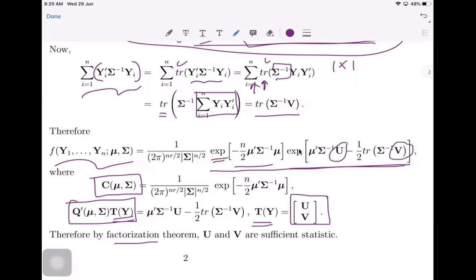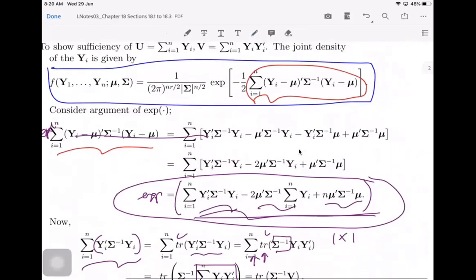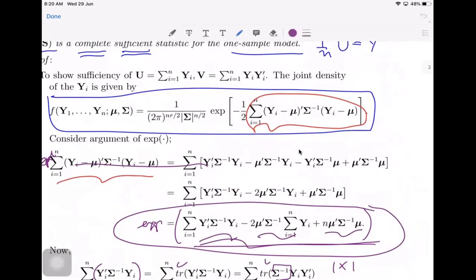It is a component of u and v, where u here was denoted by the summation of yi, and v here was denoted as the summation of yi yi prime, or was it yi then yi prime? Let me see, check again. Okay, it's the summation of yi and yi prime.